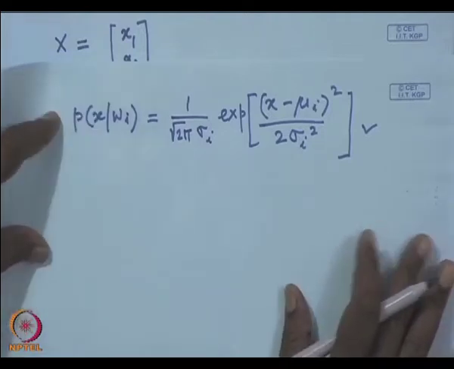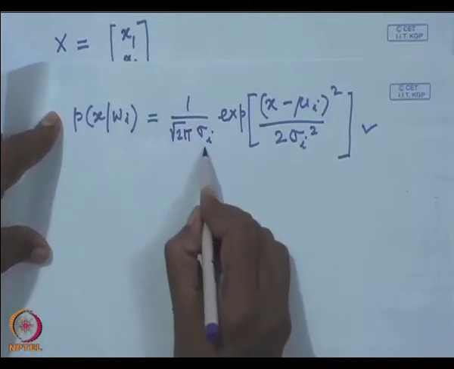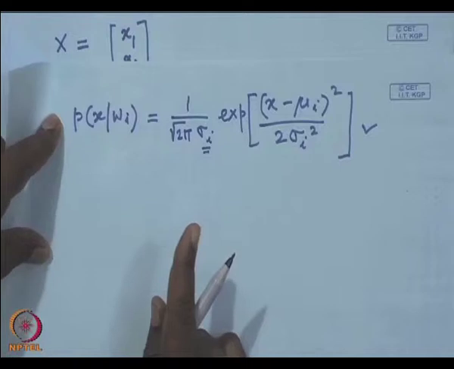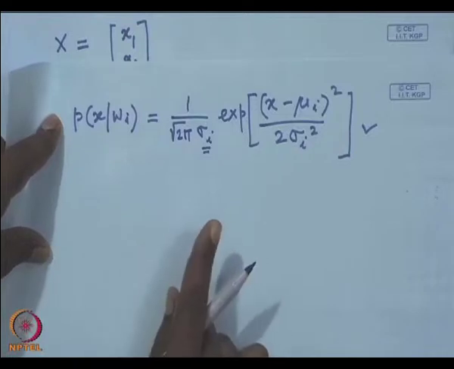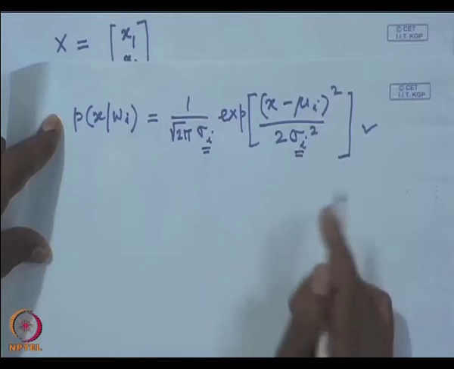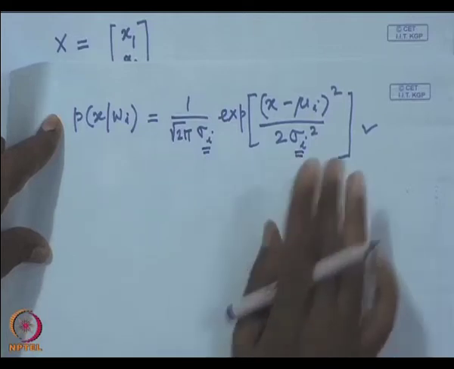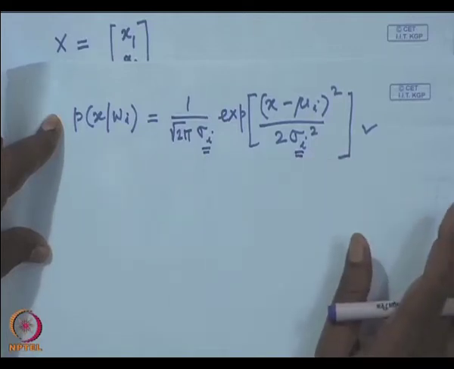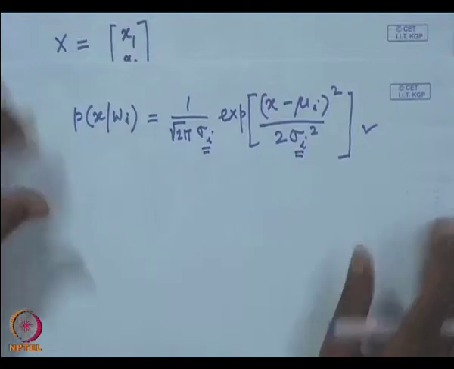Obviously, in that case, this sigma I, which is the variance of the single variable of the samples taken from class omega I, has to be replaced by another term called the covariance matrix, because now I am dealing with multiple variables, where every variable represents one component of my feature vector.